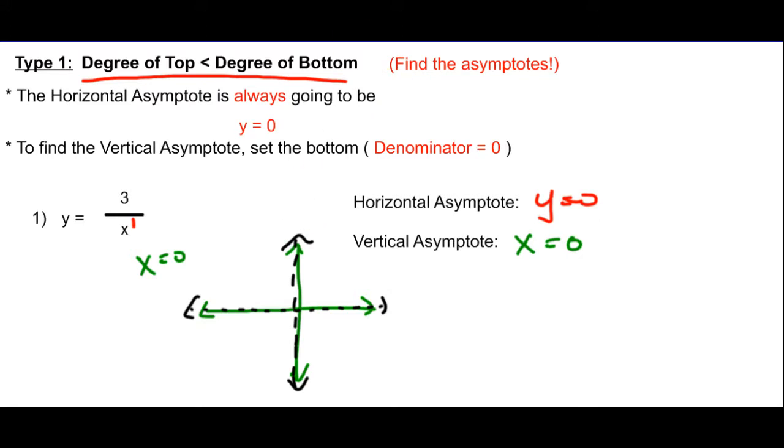The graph of this actually looks something like that, right? And remember, the asymptote is the line where your function will never ever cross. So it will never ever cross this horizontal line, and never ever cross this vertical line. All right. So the hardest thing about these functions is finding the asymptote. Once you do that, you can graph it.